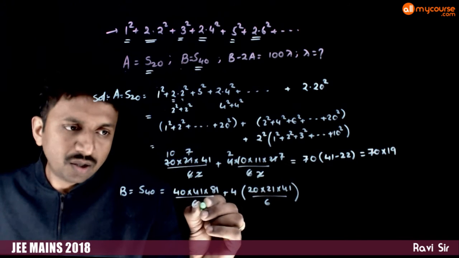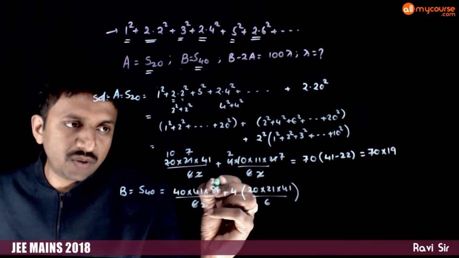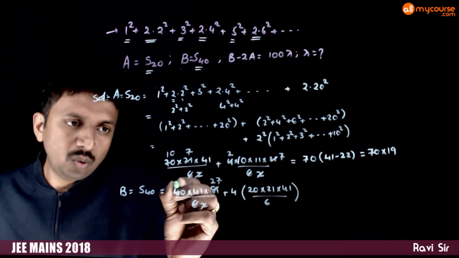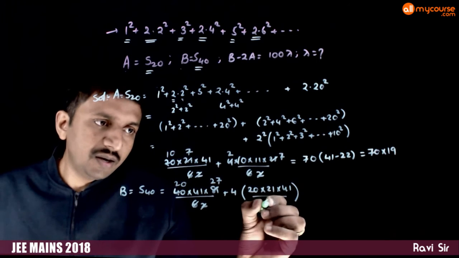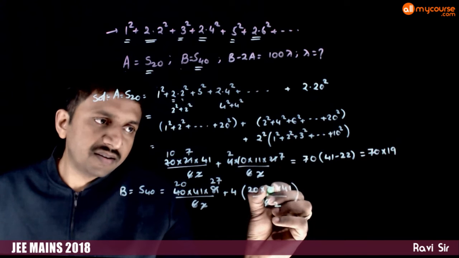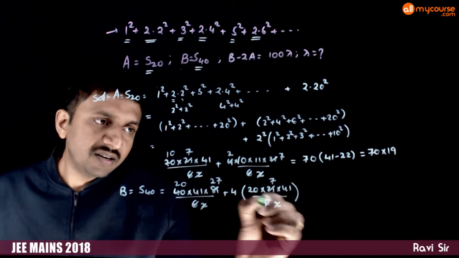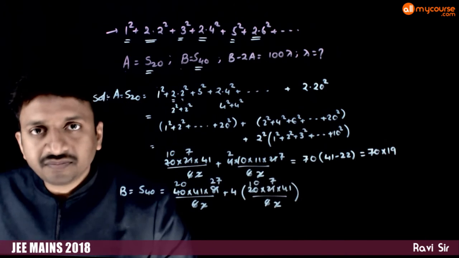Here also you have 3 2s are 6, 3 7s are 21, 2 10s are 20.